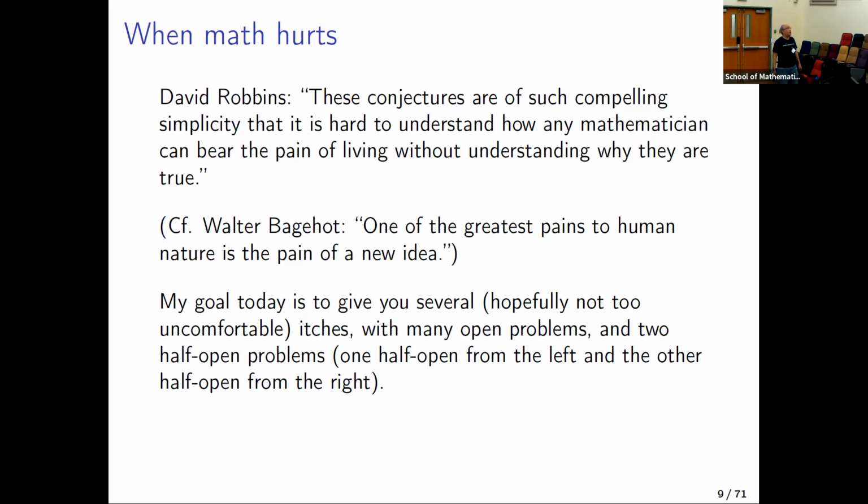So it is not my goal to inflict pain today, but I do want to give you some maybe not quite comfortable itches and make you feel like, wow, there really ought to be a way to solve these problems. So I'm going to introduce some new ideas and also some open problems, some of which are half open, one half open from the left, another half open from the right. You'll see what I mean by that in a little bit.